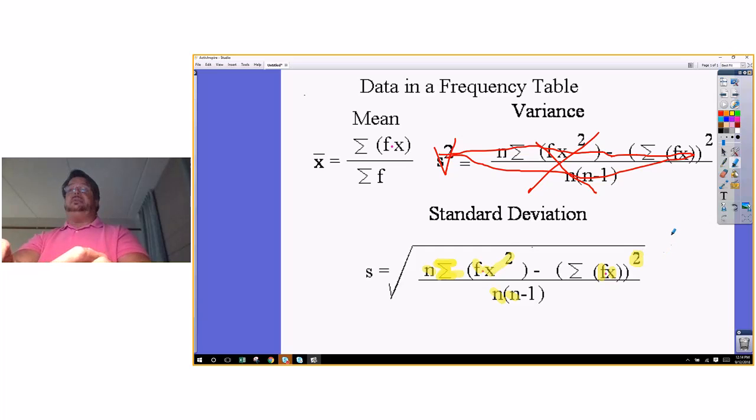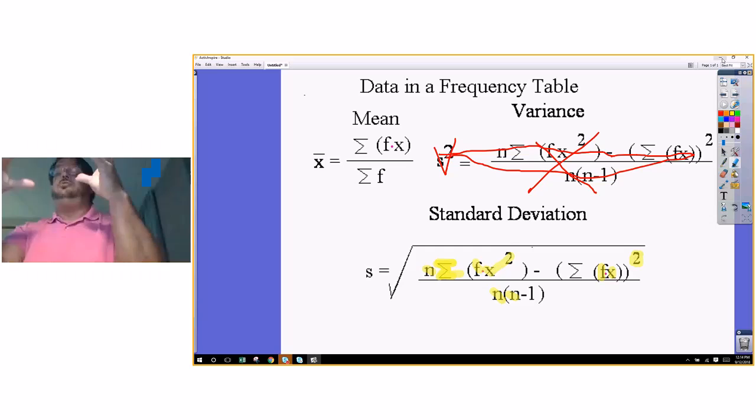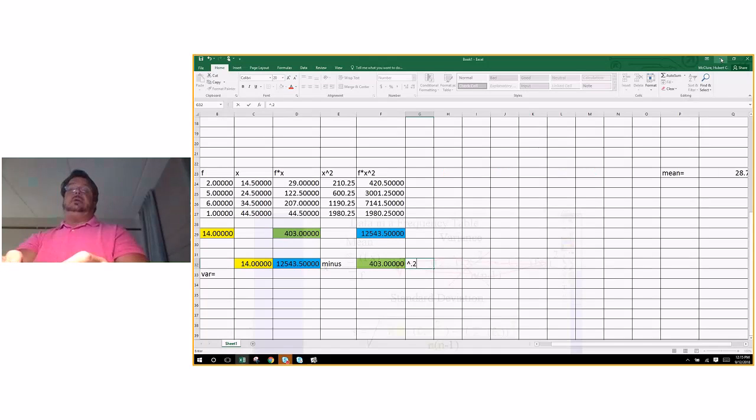Squared. I'm trying to send a signal to you. The formula will tell you what to do. Look at it. Read it.